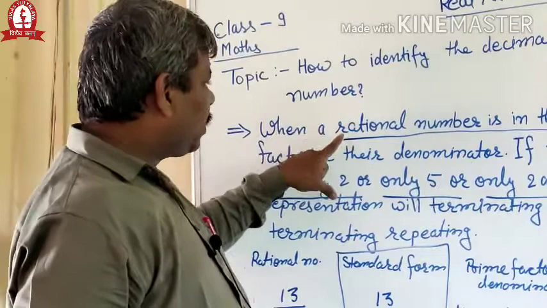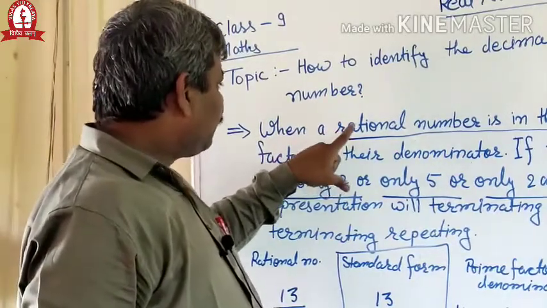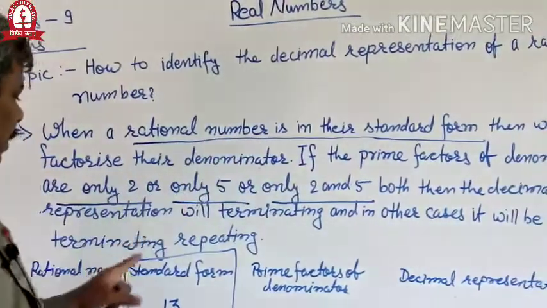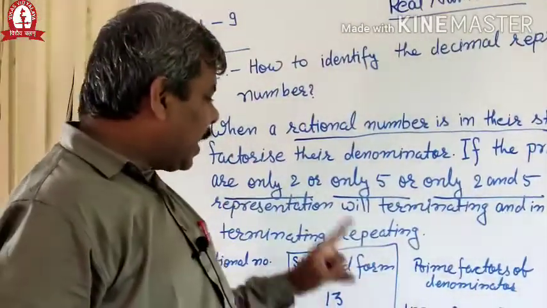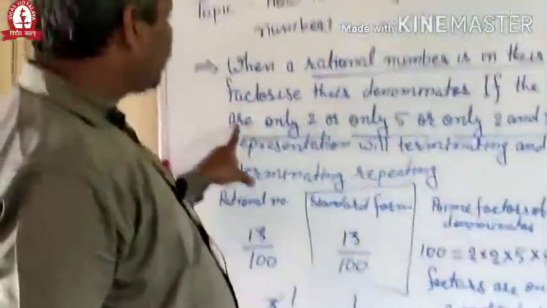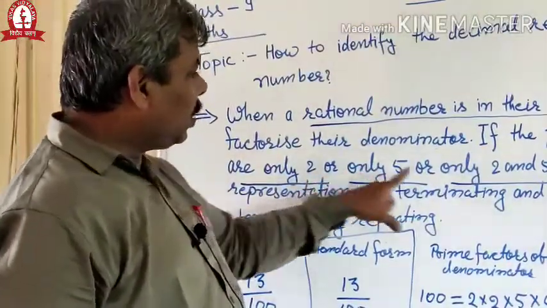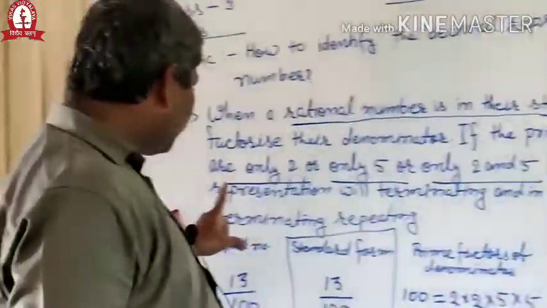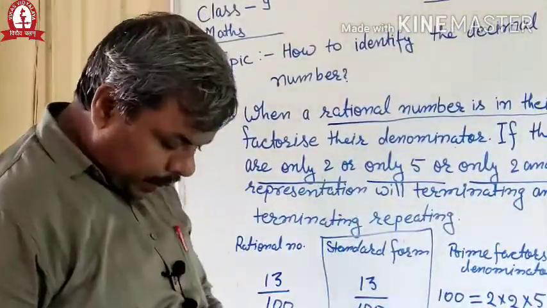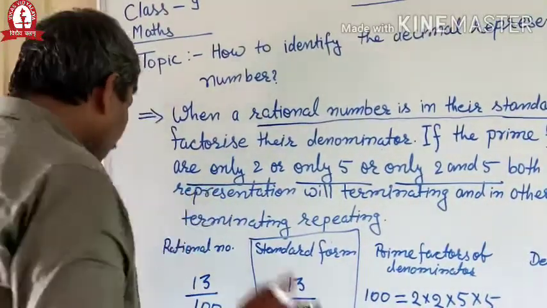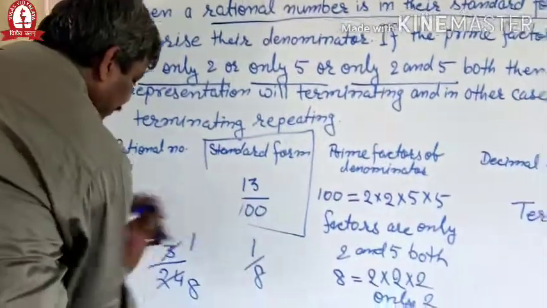We have to care that the rational number should be in its standard form. After that, we write the prime factorization of its denominator. If factors are only 2, or only 5, or only 2 and 5 both, then its decimal representation will be terminating.